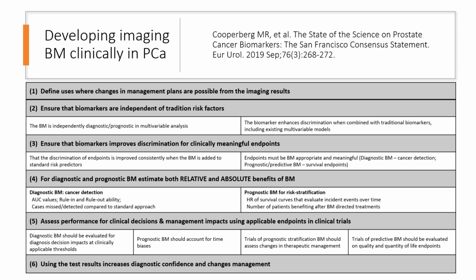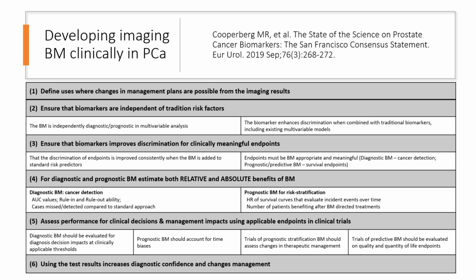Number 2, we have to ensure that biomarkers are independently diagnostic or prognostic when incorporated into multivariable clinical models. Number 3, we have to ensure that the biomarkers improve the discrimination for clinically meaningful endpoints.